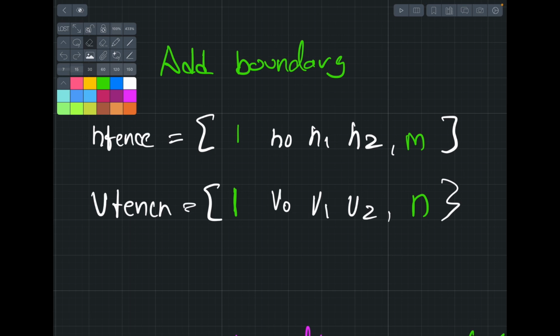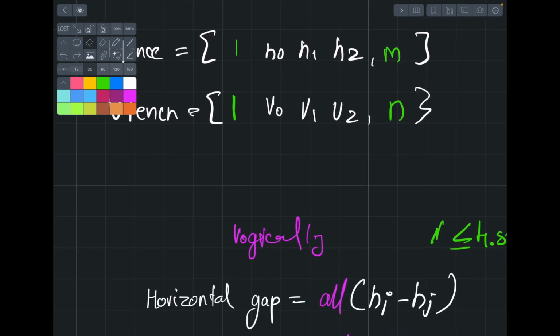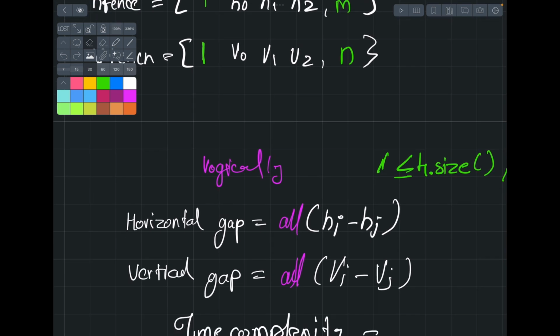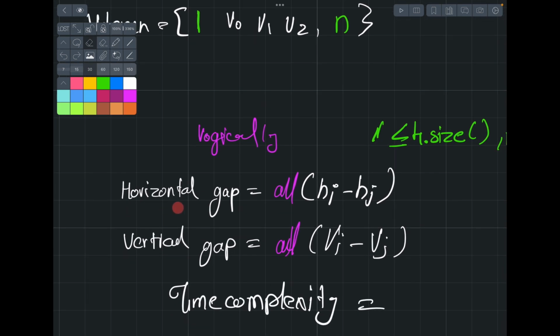We can say like that: we can compute all the gaps, and if a gap exists in both directions, then it is a valid square side. If not, then it is not. Logically, we will take all the horizontal gaps and all the vertical gaps.